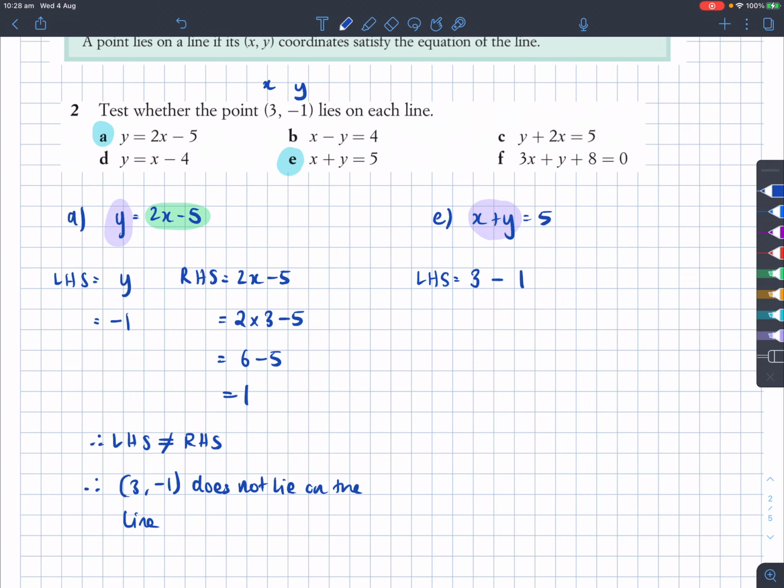So we have 3 minus 1 instead, which is simply 2. Your right-hand side of the equation is only just the 5. We don't have to substitute anything in there at all. So that just means that, therefore, the left-hand side is not equal to the right-hand side. And therefore (3, -1) does not lie on the line.